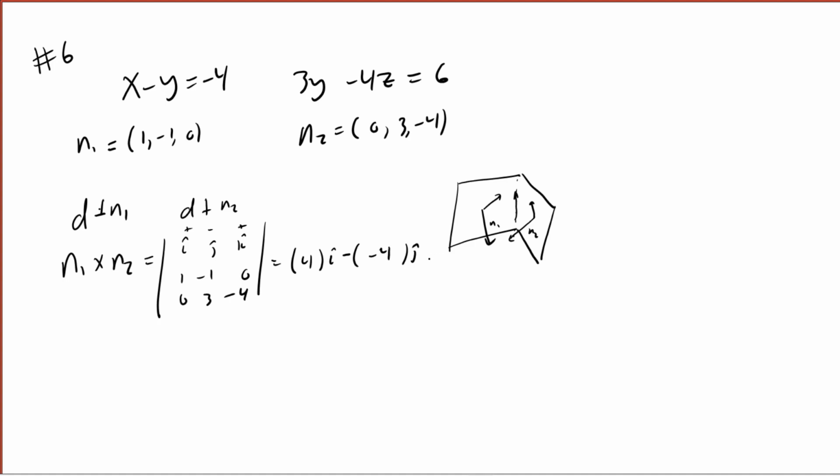And then for the k component, we have 3 minus 0. So this is 4, 4, 3. And this is the direction vector for this. Okay, I don't see one of the answer choices.